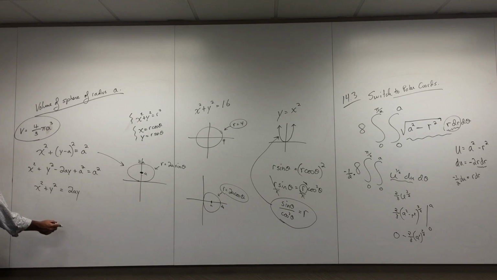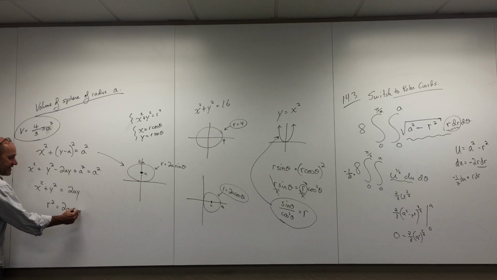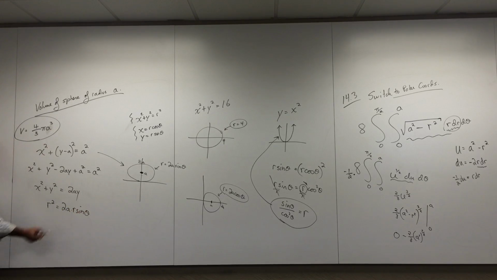Okay, now let's convert to polar. What is this? That's r squared. The 2a is a constant, a is a constant. What's y? r sine theta. That's y. So I'm converted. I'm totally converted. I was a Catholic, now I'm a Baptist. No, I'm not. Actually, what did I say? When you convert, you want to solve for r.